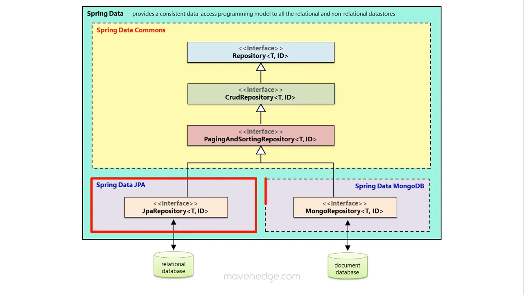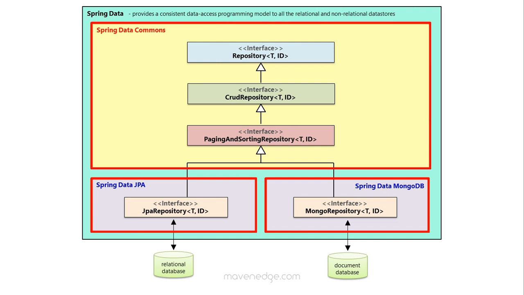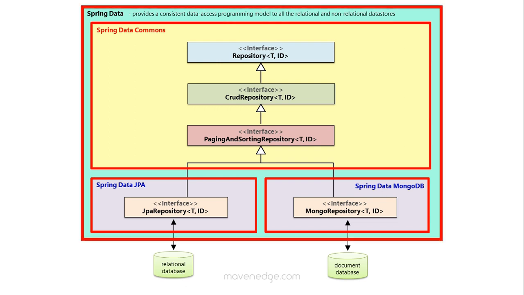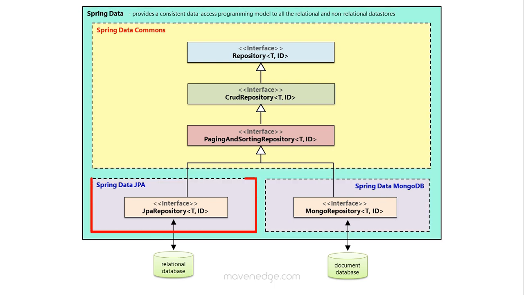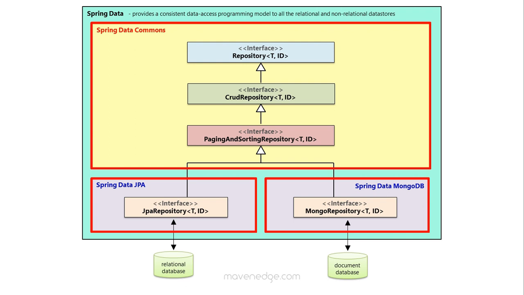The Spring Data JPA and the Spring Data MongoDB are the data store specific projects here, but they both share the functionalities provided in the Spring Data Commons. And that's how the Spring Data project tries to provide that consistent data access programming model to different types of data stores. Both the projects here are sharing the repositories abstracted away in the Spring Data Commons.